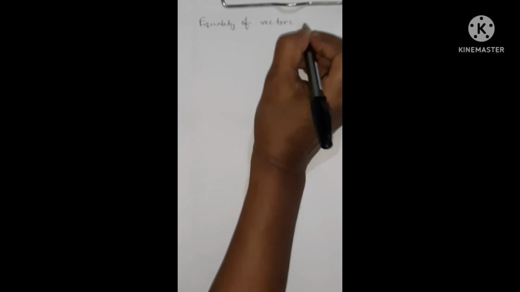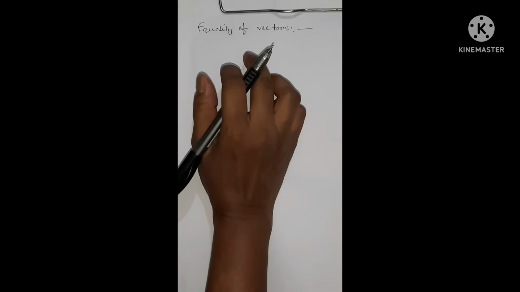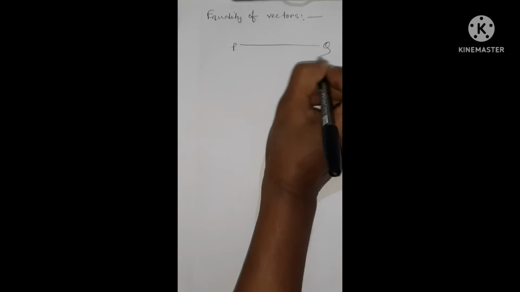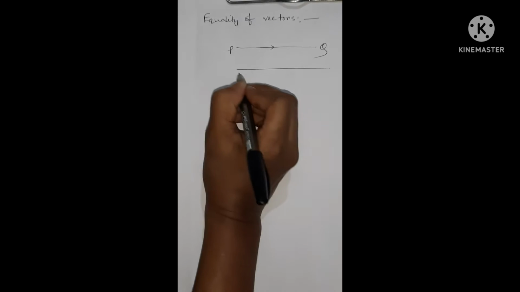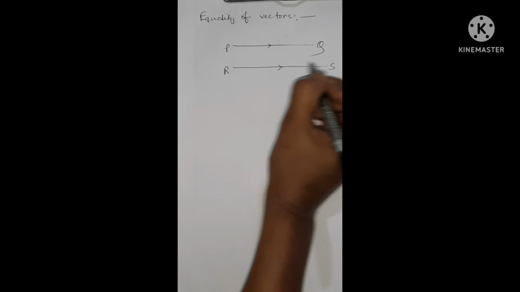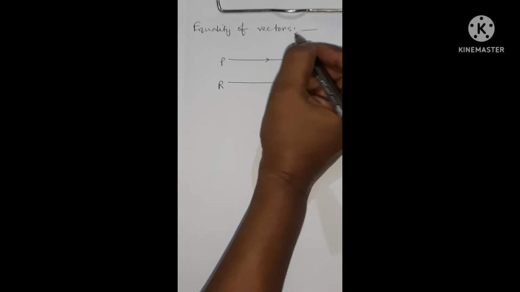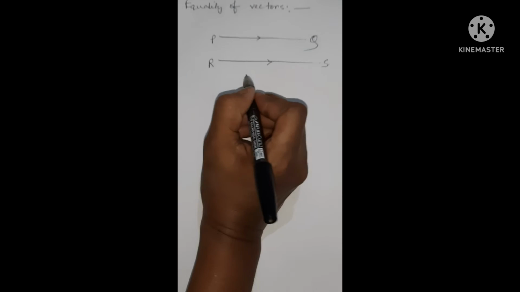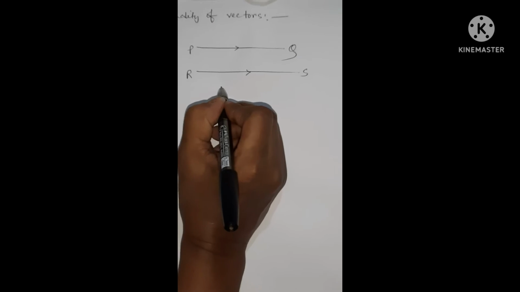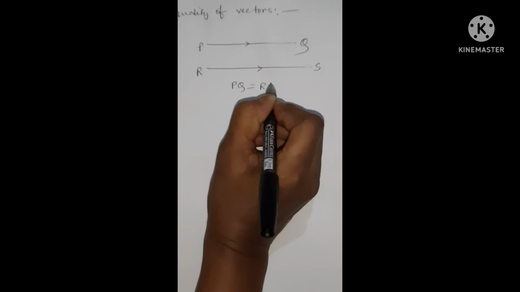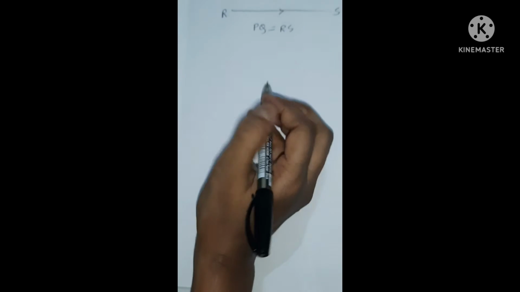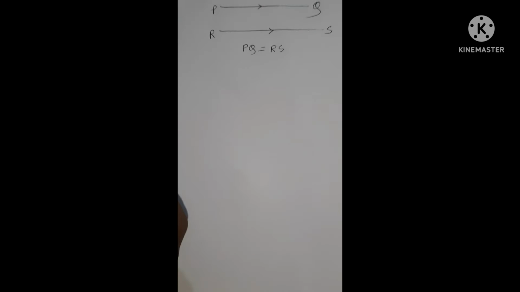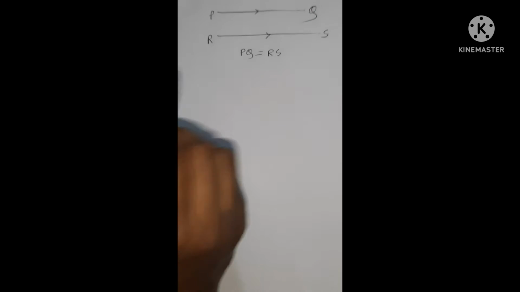Equality of vectors. Vectors that have both the same magnitude and the same direction are equal. So we can write PQ equals RS. Let's see one example. Two vectors are said to be equal if their magnitudes and directions are the same.